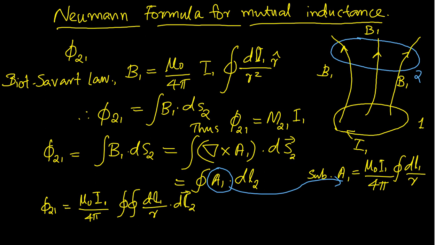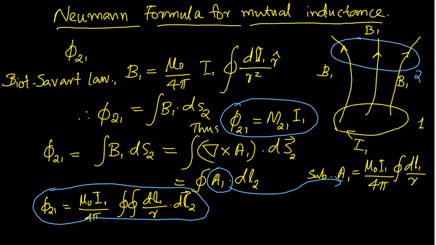Comparing with phi21 is equal to M21 into I1, comparing these two equations, therefore, M21 is equal to I1 times the integral, and there is I1 on both sides. We can cancel this I1.